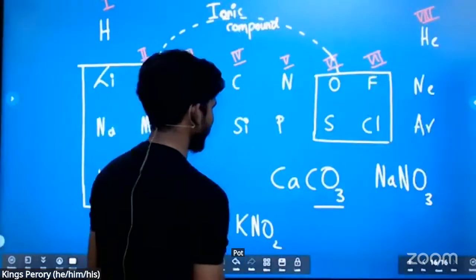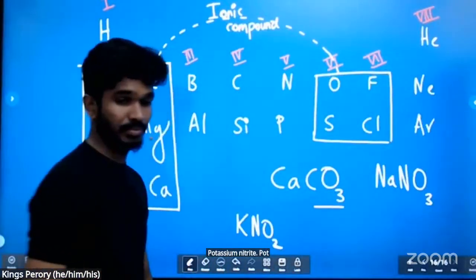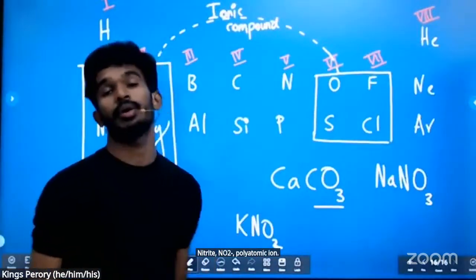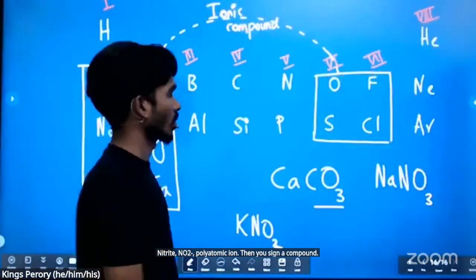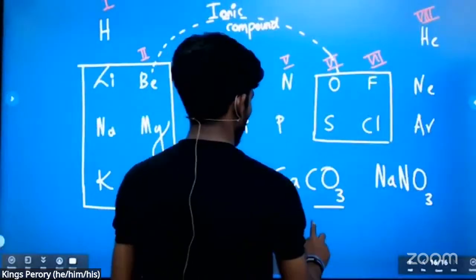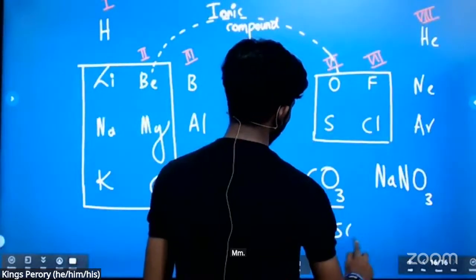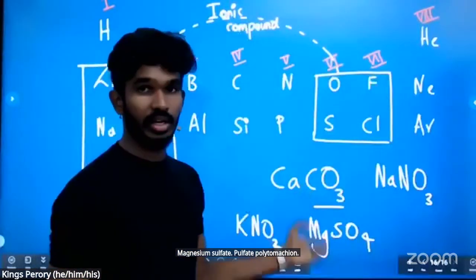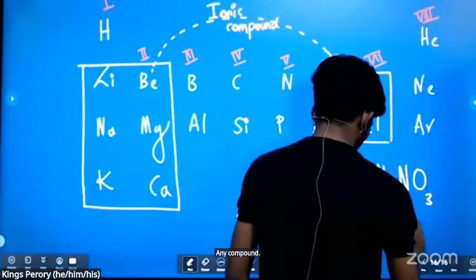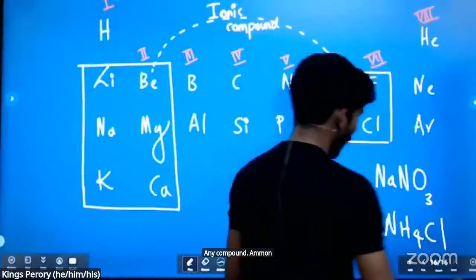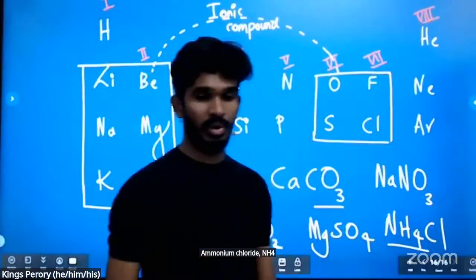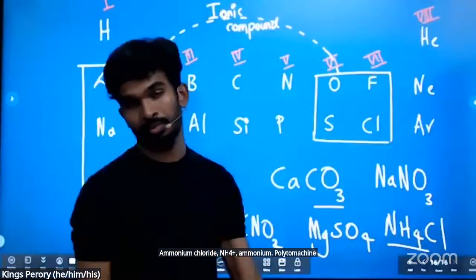Potassium nitrite. Nitrite, NO2 minus, polyatomic ion, then it's ionic compound. Magnesium sulfate. Sulfate, polyatomic ion, ionic compound. Ammonium chloride. NH4 plus, ammonium, polyatomic ion, ionic compound.